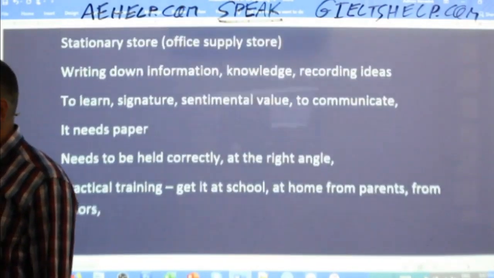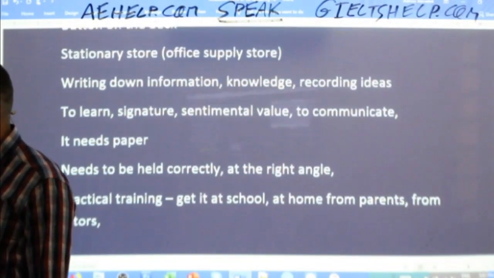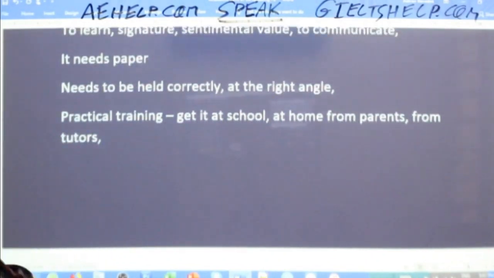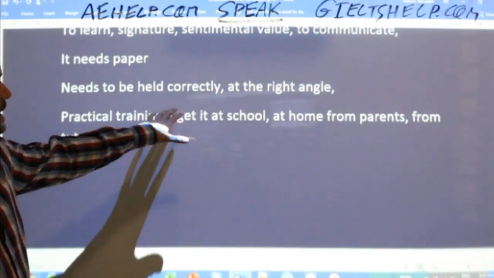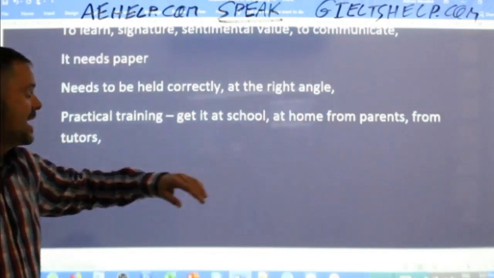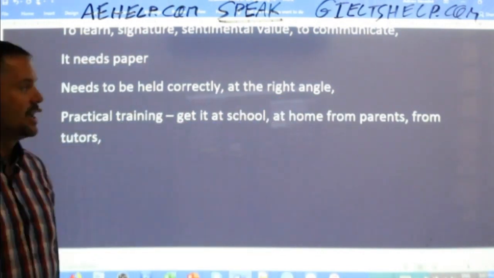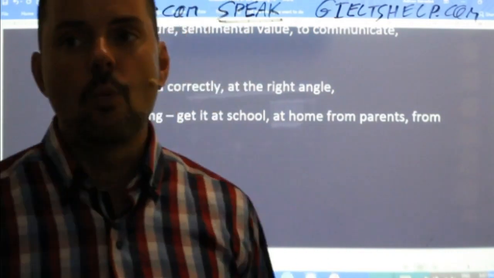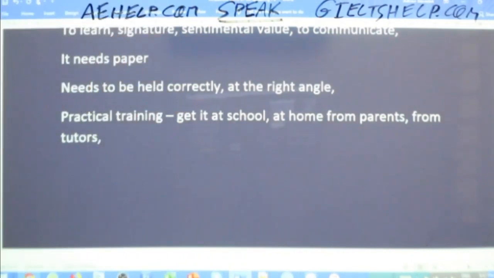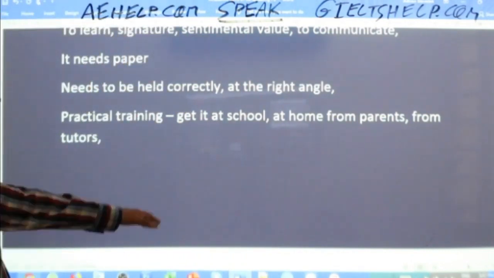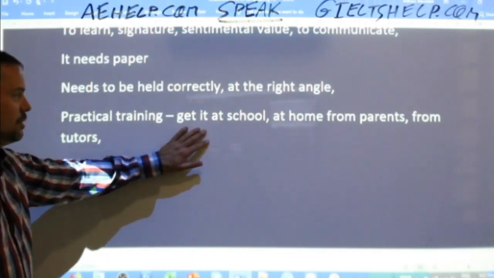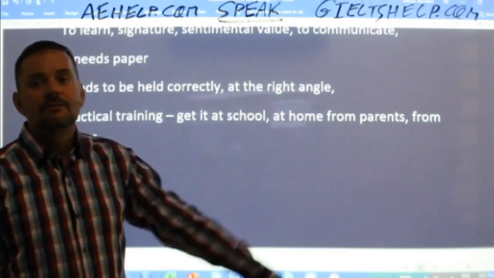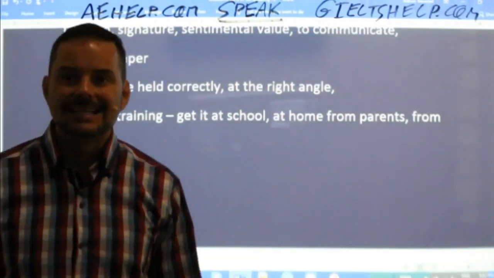Use your notes, okay? So it needs to be held correctly. It needs to be held at the right angle. It needs hand-eye coordination and time to master using it well. Okay, so all of those elements have to come together. Where can you get this skill from? From school, from parents, from tutors, and from practice.